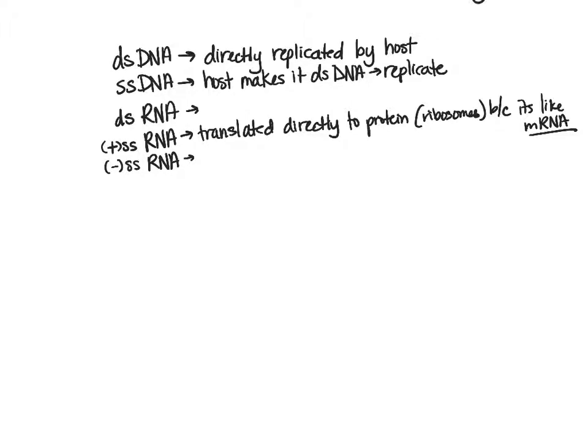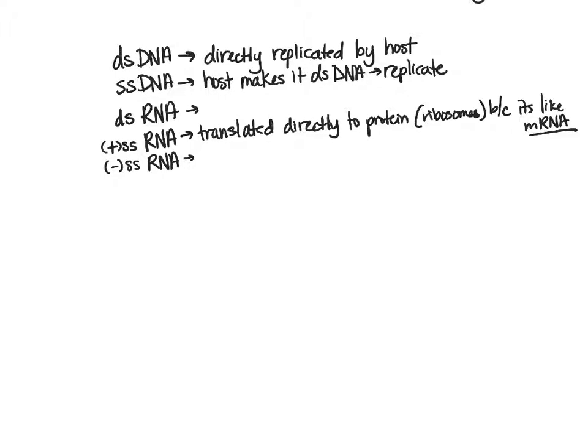So in our bodies, when we make mRNA, which you should be very familiar with, that's a positive single-stranded RNA. So that contains the information for a protein. So if a virus comes in and it contains for its nucleic information a positive single-stranded RNA, then our cells can just use that just like it's mRNA because it sees it as mRNA.